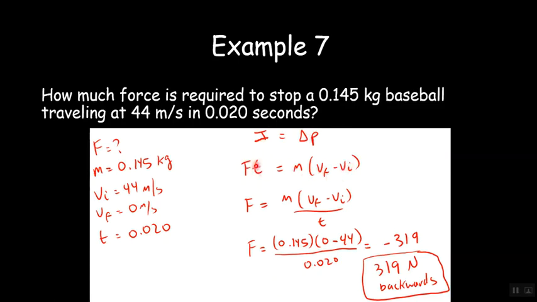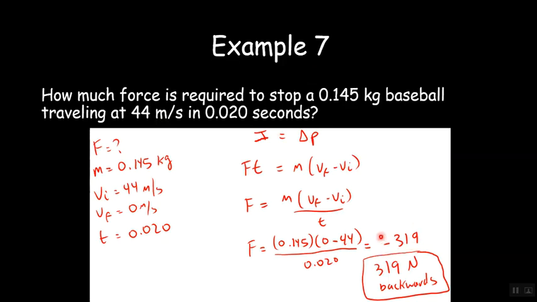We take the time over to the other side because we want to calculate force. So we divide by time on both sides. Time ends up here. We substitute the values. And remember, it goes from 44 meters per second to 0 meters per second. It stopped. In order to stop something, I have to have an opposing force, and therefore I get a negative answer.